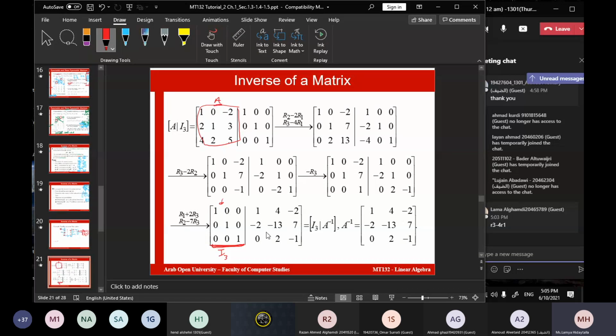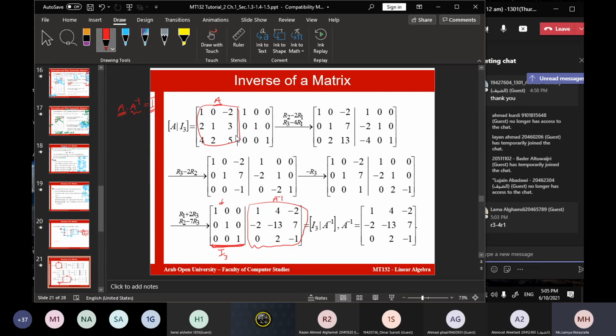What is the inverse of A? So just this part is the inverse of A. So this is A inverse. If I want to make sure that this is the inverse, what do I do? Just multiply your A times A inverse. It should give me the identity, because we said that the inverse of the matrix, when I multiply it times the matrix, this is the definition.